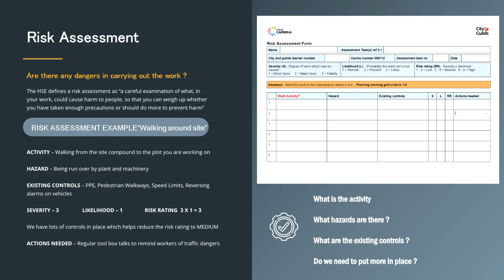So we've got lots of controls in place, but it's a medium risk. So let's put an action down that we need regular toolbox talks to remind workers of traffic danger. And then I think we've done our part. So a risk assessment looks at all the hazards that you've got on site. What are the existing controls? And do you need to put more in place to keep you safe?